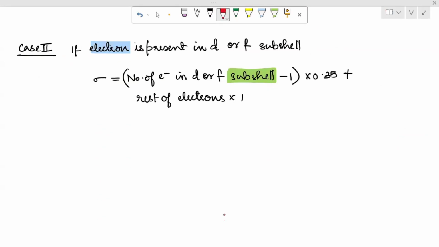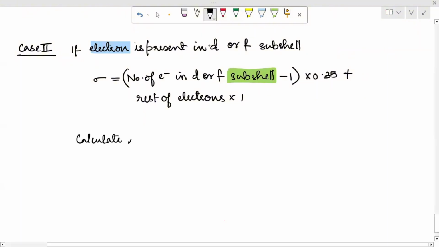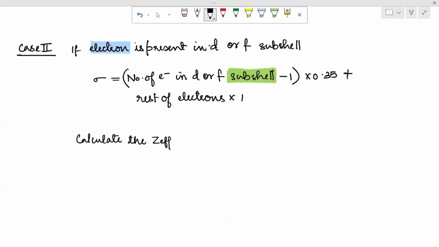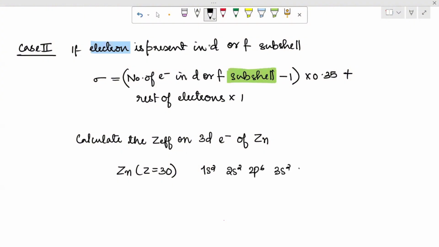All right, so let's try out 2 questions. Note down the question. Calculate the Z effective on 3D electron of zinc. All right, so let's start with the configuration. Zinc is atomic number 30. So configuration is 1s2, 2s2, 2p6, 3s2, 3p6, 4s2, 3d10.